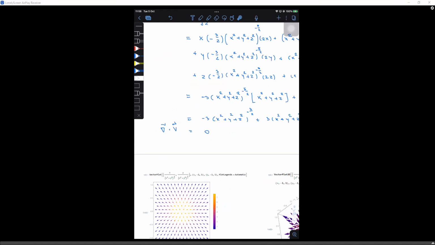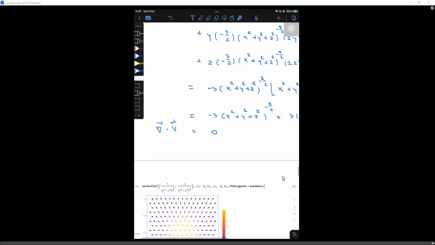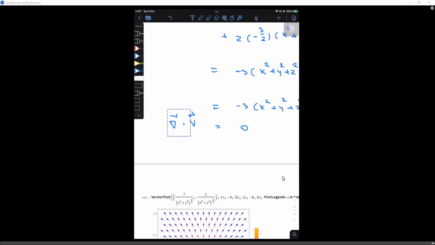Do you see my screen? Not so clear. Where's the divergence of v here? Is that the divergence of v? Okay. It's equal to 0.